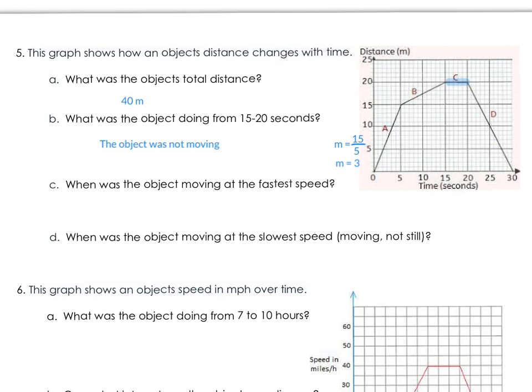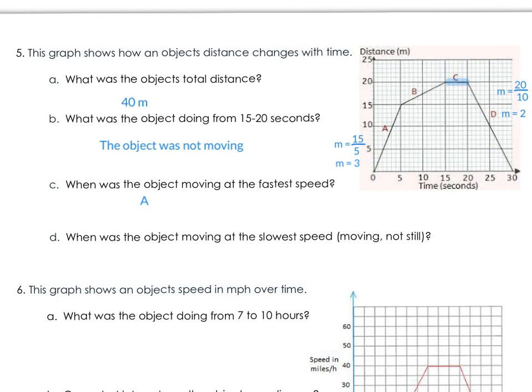Now if I look at D, for this one the slope is a change in 20 over 10 seconds, so that would equal 2. So during which interval is it moving the fastest? That would be A, because it's traveling further over a shorter amount of time. So the slope is the fastest there.